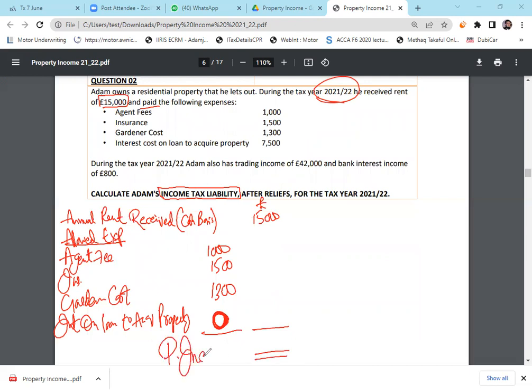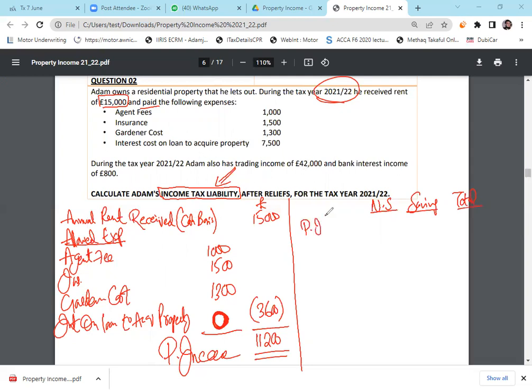And we do have property income. The total of expenses is this, and 11,200 is my property income. But in this question, they didn't ask you to calculate property income. They asked us to calculate income tax liability, which means non-savings, savings, dividend, right? Yes. In this question, there is no dividend.